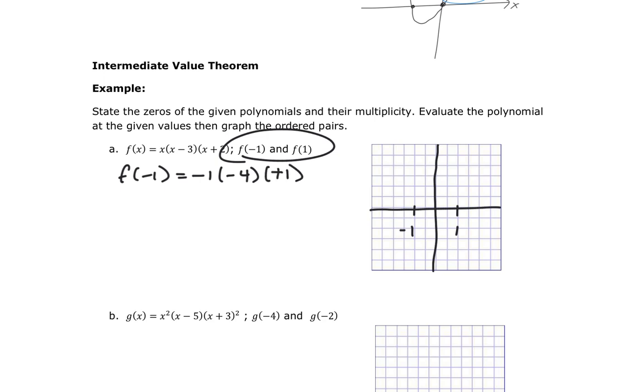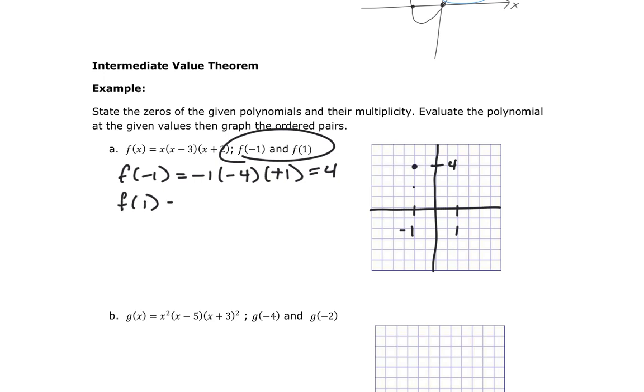So my answer, what I care about is, well, let's go ahead and just graph it. I'm going to get positive 4. So positive 4 comes out. So I'm going to come up here to positive 4. So here's my output. Now I'm going to do f of 1.